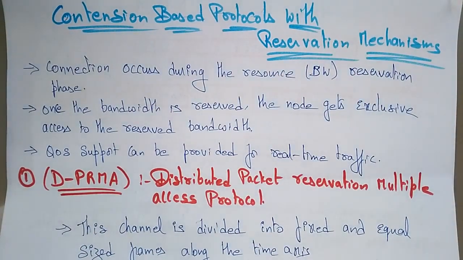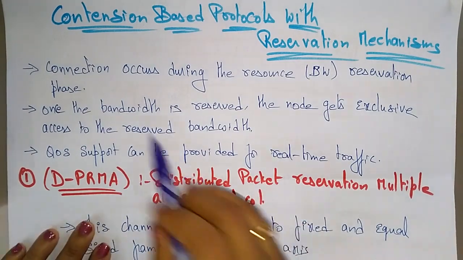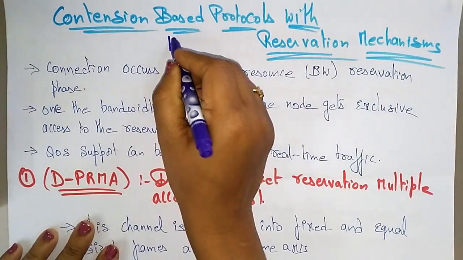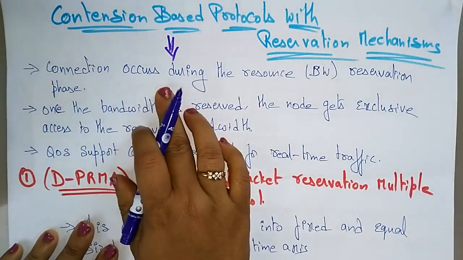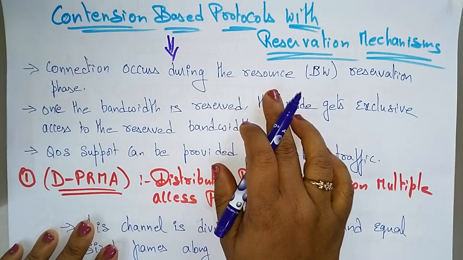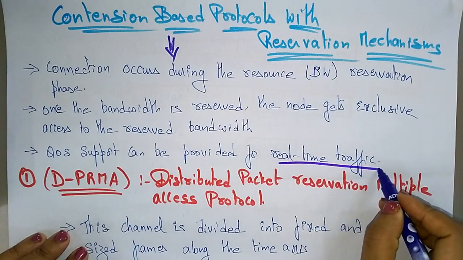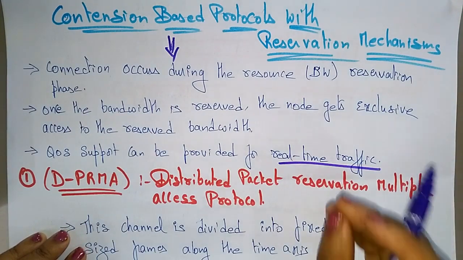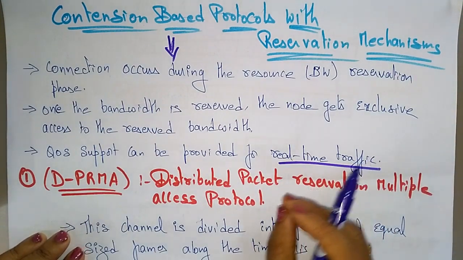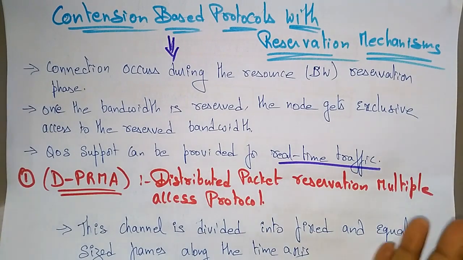So the synchronous, asynchronous. The contention based protocols, actually a connection occurs during the resource bandwidth reservation phase. It supports real-time traffic and reserves bandwidth in priority, and it has synchronous protocols and asynchronous protocols.